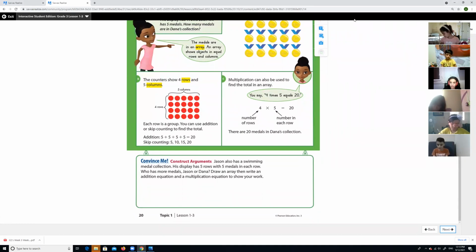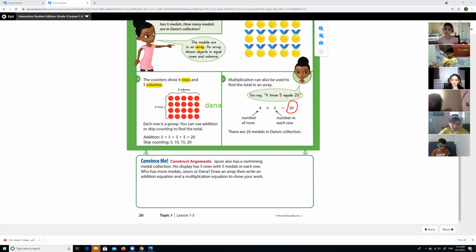So here we want to remember this middle collection is for Dana. Okay, here is for Dana. This medal collection, the 20 medals, are for Dana. Now I have a new problem.